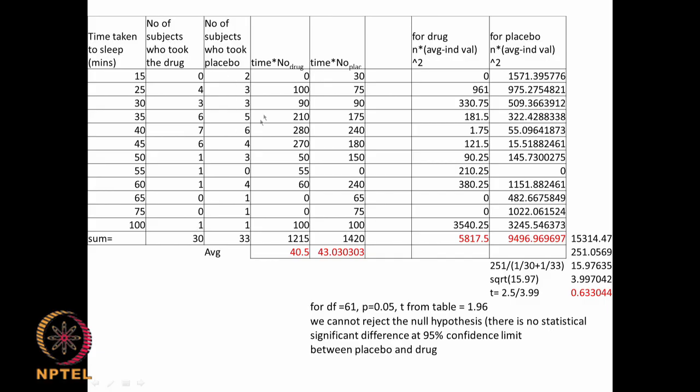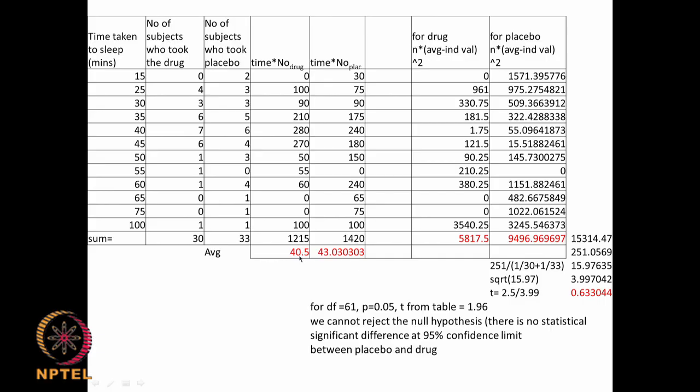So, I need to calculate the average of each set. So, how do I do that? I will do 15 into 0 here, 15 into 2 is for the placebo, 25 into 4 is here, 25 into 3 is here. So, like that I go down, down, down, and then I do all the summation here, and then here I divide by 30 because there are 30 people who took the drug, then here I divide by 33.